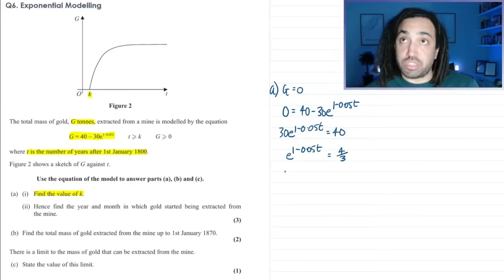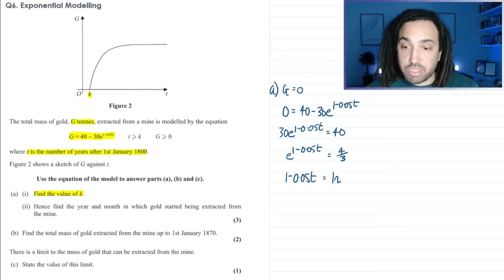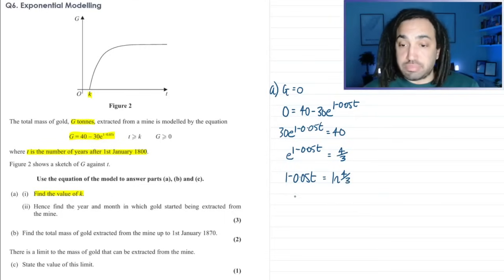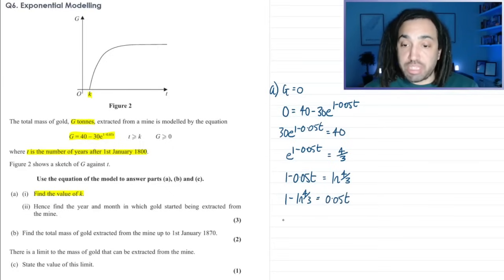Then the inverse of e is natural logarithm, so we can write 1 minus 0.05t is equal to ln of 4 over 3. And then we can rearrange this to get 1 minus ln 4 over 3 is equal to 0.05t. And then we can just multiply through by 20 or divide by 0.05, same thing, to get this as the exact value for t.